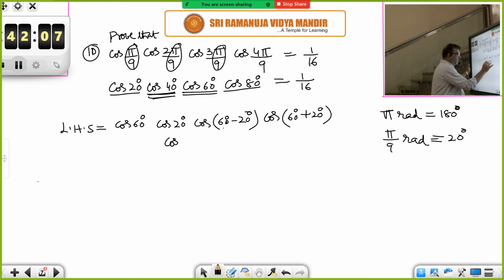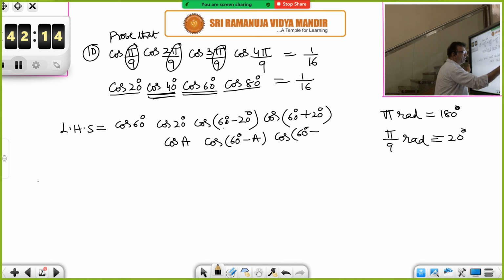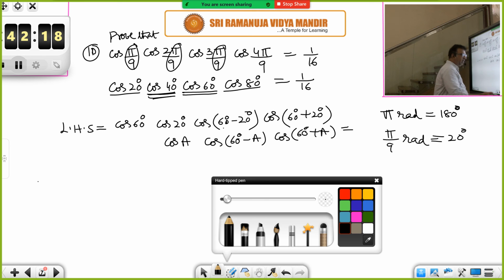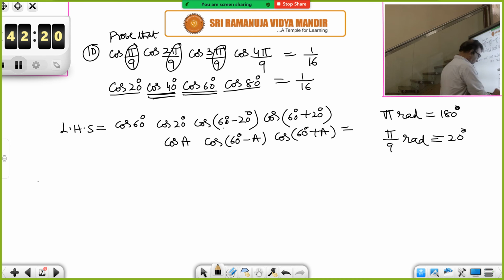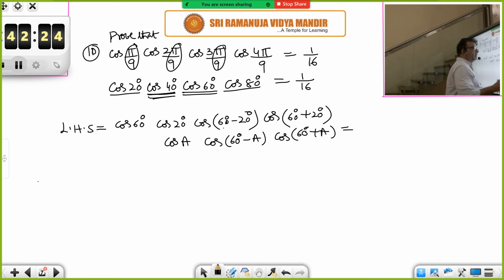So here the formula is there: cos A, cos 60 minus A, cos 60 plus A. Come on, tell me what is it equal to, Kunal? Cos A, cos 60 minus A, cos 60 plus A equal to what?